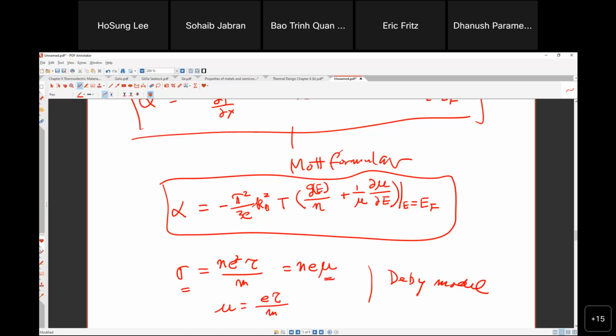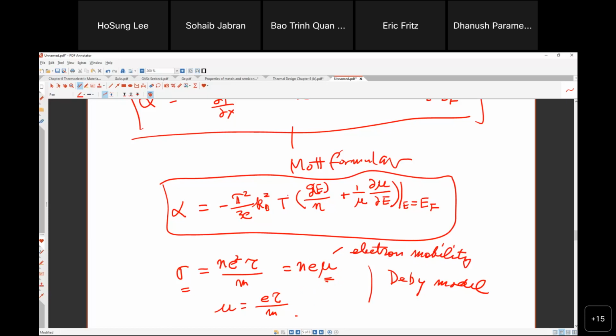In terms of mobility, this is electron mobility, important. Mu, electron mobility. Okay. So it's a very important property of electrons, it turns out.